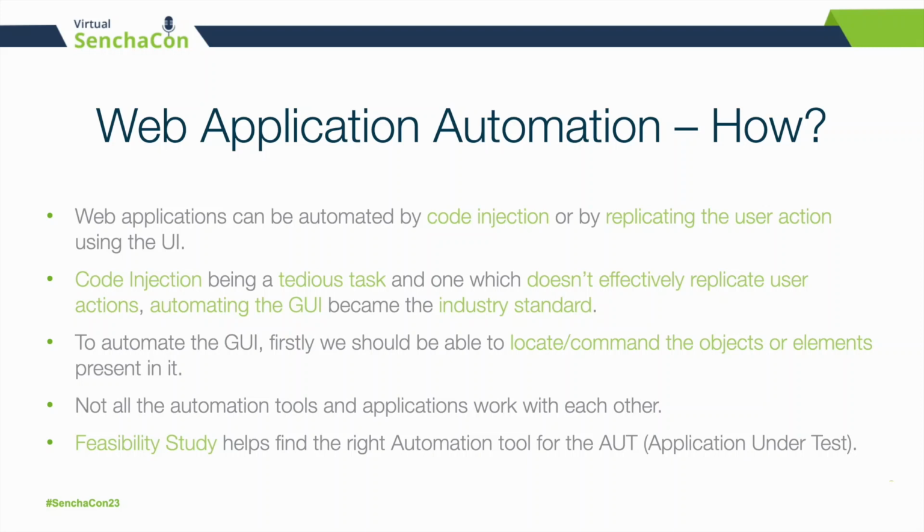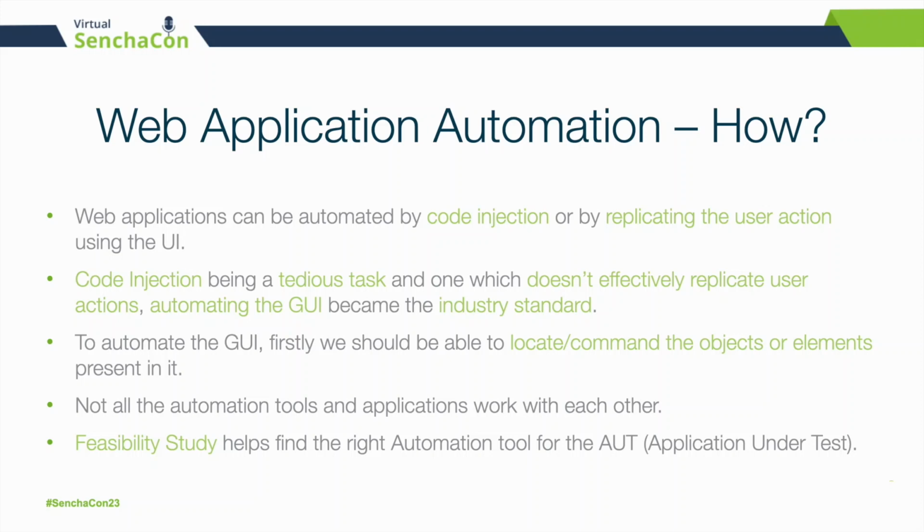Let's see how web application automation is achieved. A web application can be automated either by code injection or by replicating the user action using the UI components present in the web application. Code injection is a tedious task. Why? Because we need a separate code which will be injected into the browser or into the application. And most of the time it may crash the application or the browser, and the worst part is it won't effectively replicate the user action.